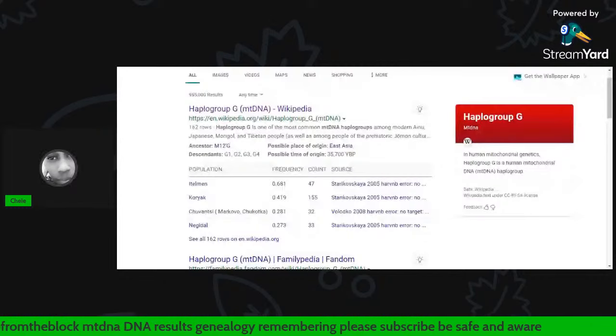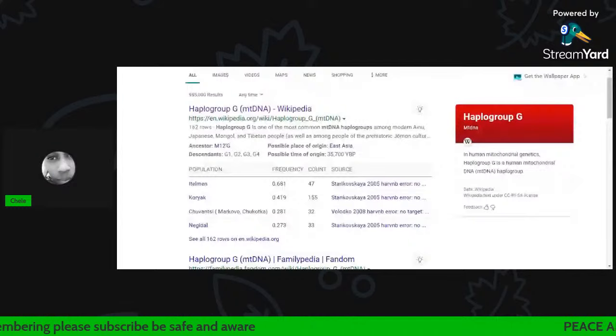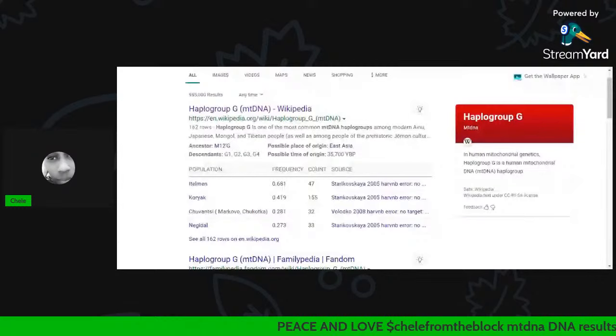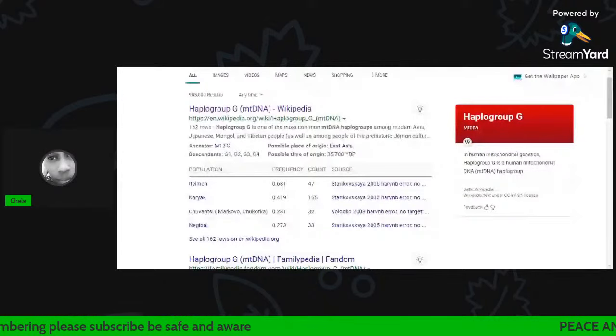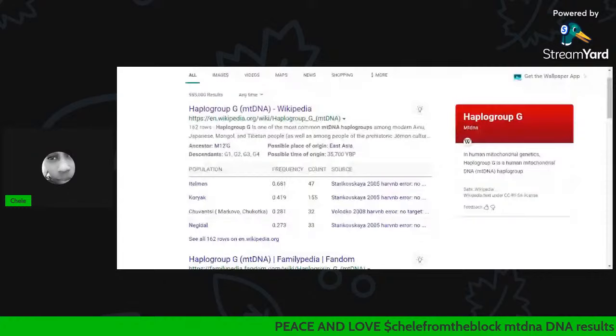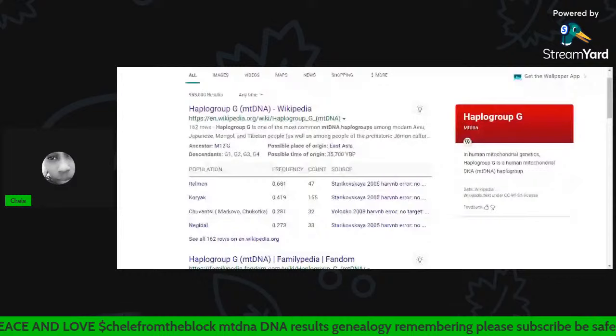However, unlike other mitochondrial DNA haplogroups typical of populations of northeastern Asia, such as A, C, and D, haplogroup G has not been found among indigenous peoples of the Americas. I think this is because I just listened to a researcher break down the haplogroups of the Americas.